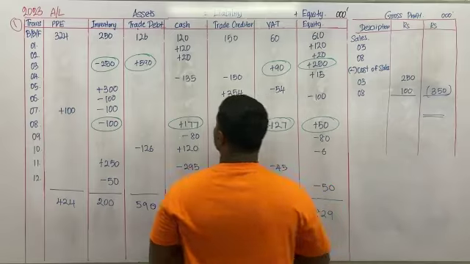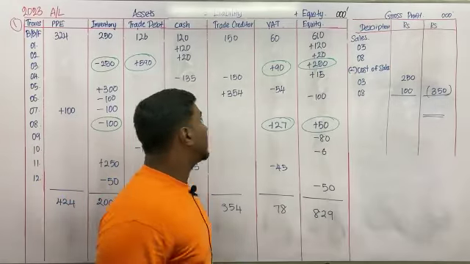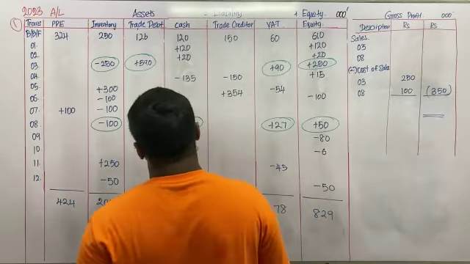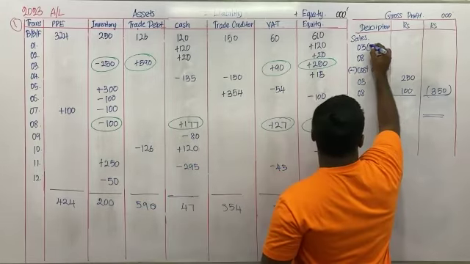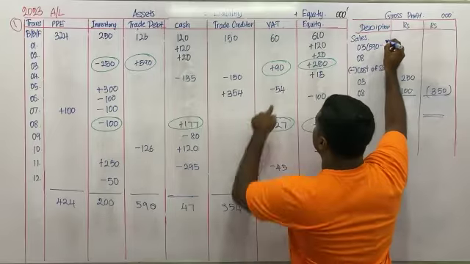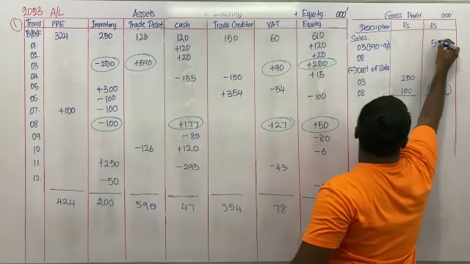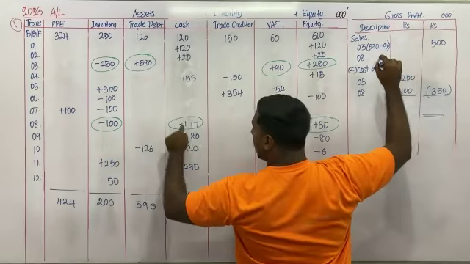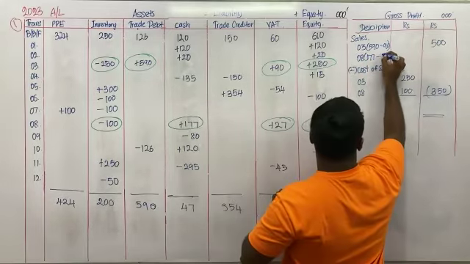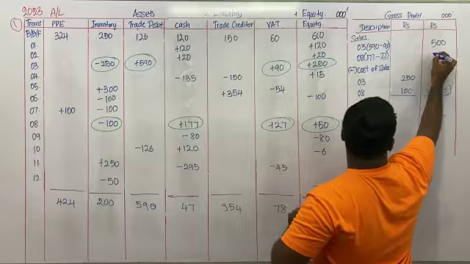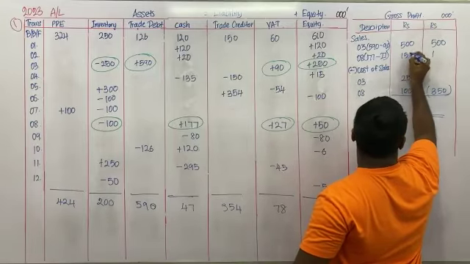What is the actual sales value? 590? No. It's not the actual sales value. Actual sales value is how much? 590 minus the VAT amount, 90, 500. 177 minus 27, sorry, 500 and 150.